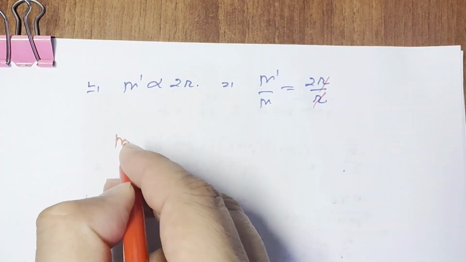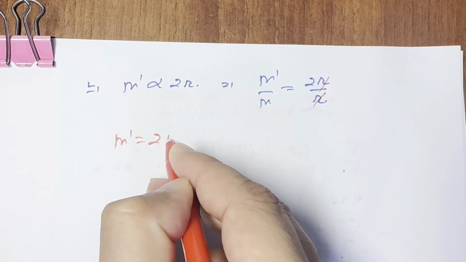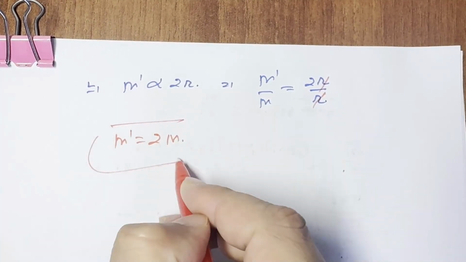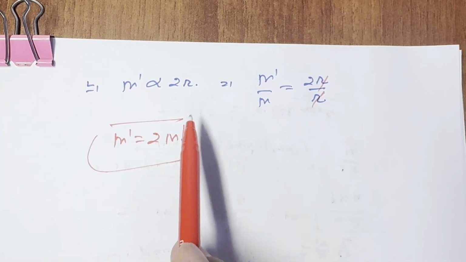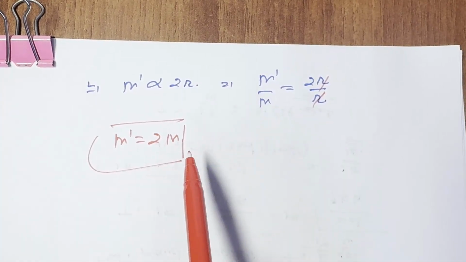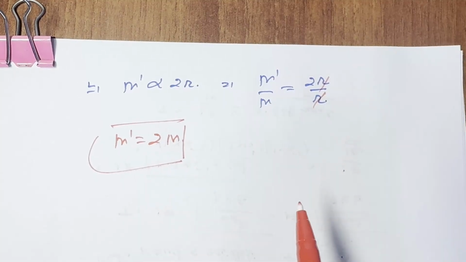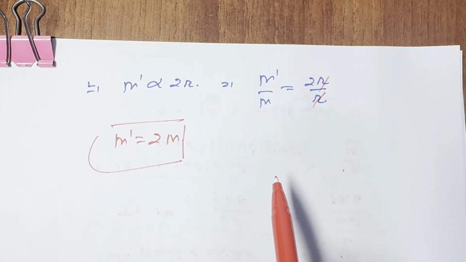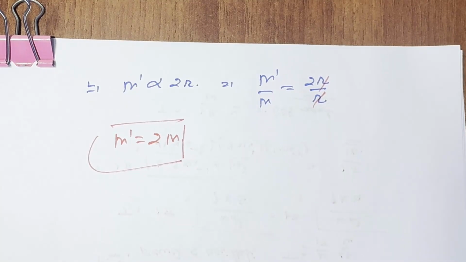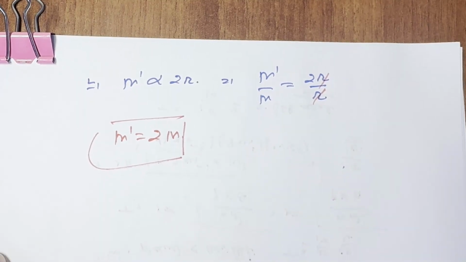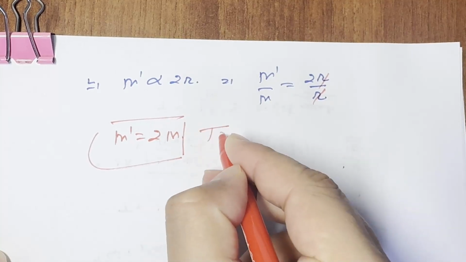Therefore we get m prime is equal to 2 times m. So as the radius becomes twice, the mass also doubles. This is the mass of the water which will rise in the capillary tube when the radius is 2r.